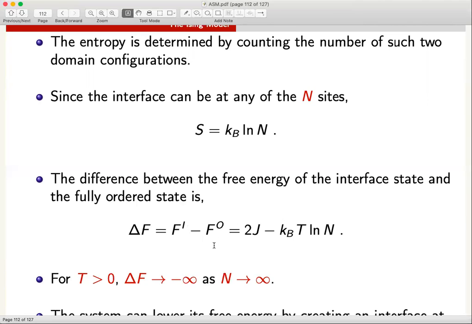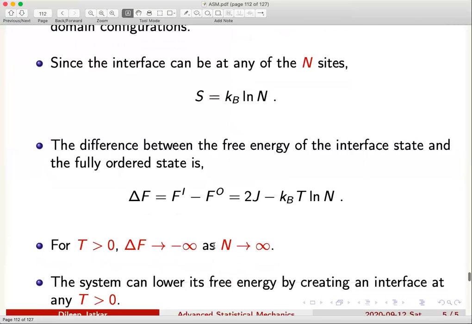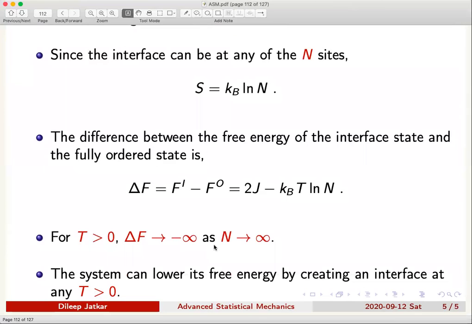If that is the case, the system would of course prefer to be in the interface state, because that is one way of lowering its free energy. The system would lower its free energy by creating an interface spontaneously at a temperature greater than 0.